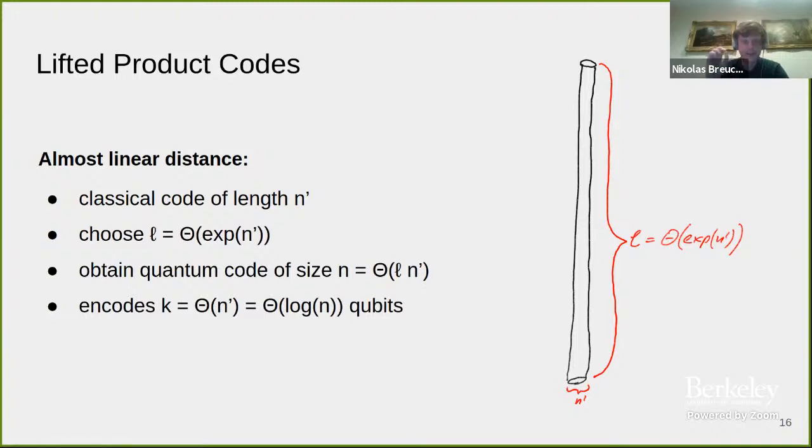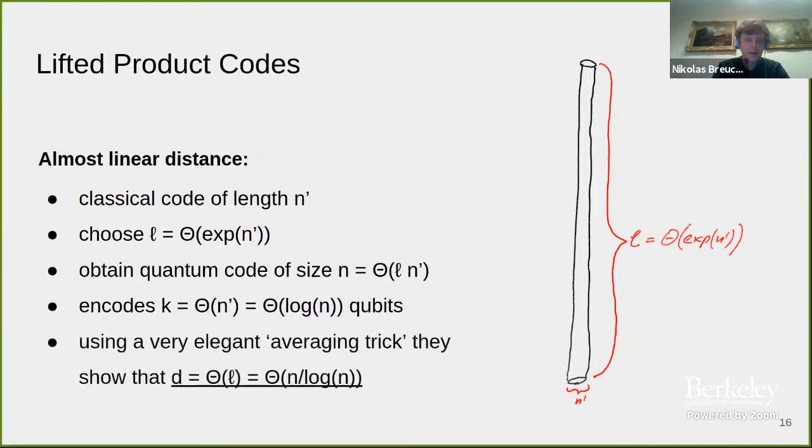The problem here is that the degrees of freedom that we encode are just determined by the number of degrees of freedom we can encode in the base code, which is only logarithmic. However, they have a very elegant averaging trick. With this trick, they can show that the distance scales linearly with L. So this is how they get the almost linear distance.